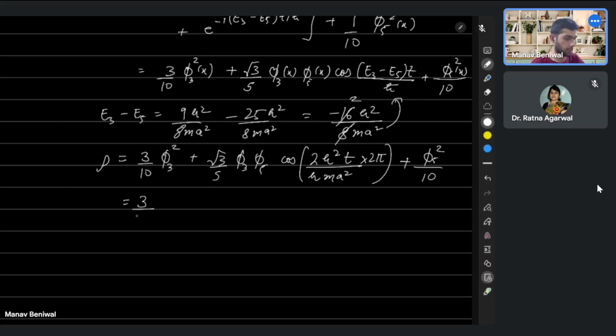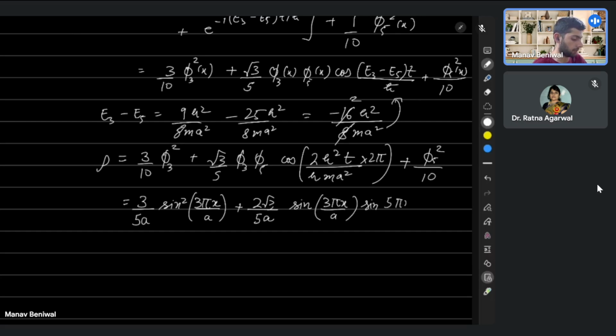So this will become 3 upon 5a, because this is root 2 over a, sine squared 3 pi x over a, plus 2 root 3 upon 5a sine of 3 pi x over a sine of 5 pi x over a.